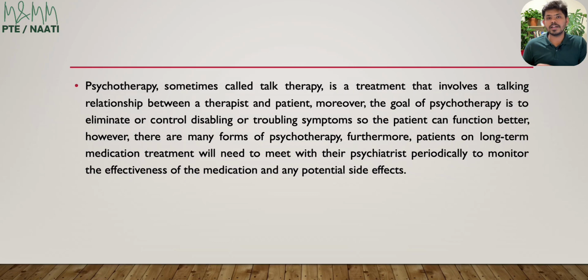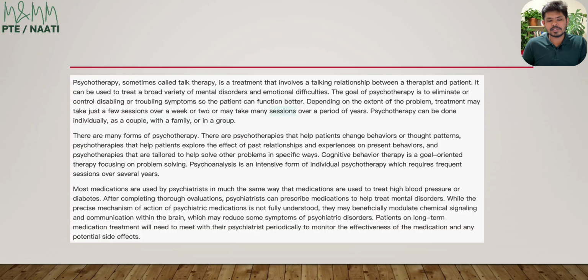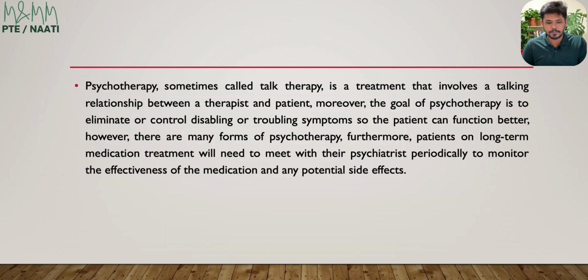Now, however is written when you're writing something which is opposite to the previous sentence. So first I was explaining what psychotherapy is. Now I want to talk about something different, and that something different is that there are several other forms of psychotherapy. This is again the very first sentence from the second paragraph that I have been given, and I have included that.